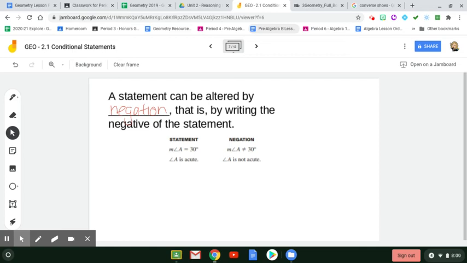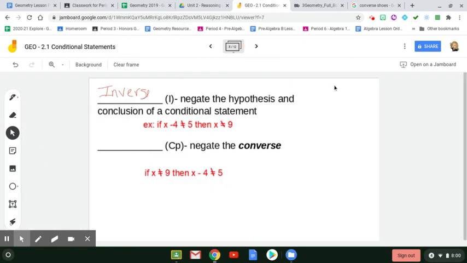There are two different forms of conditional statements that use negation. One is called the inverse, and another is called the contrapositive.